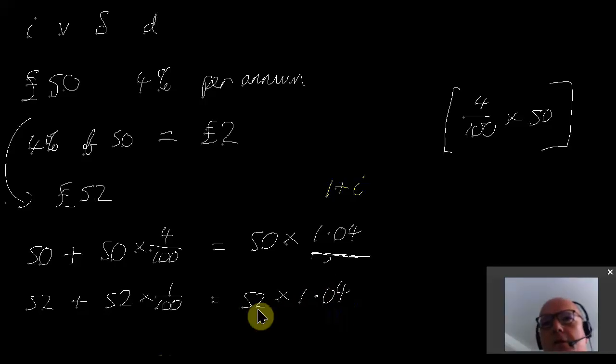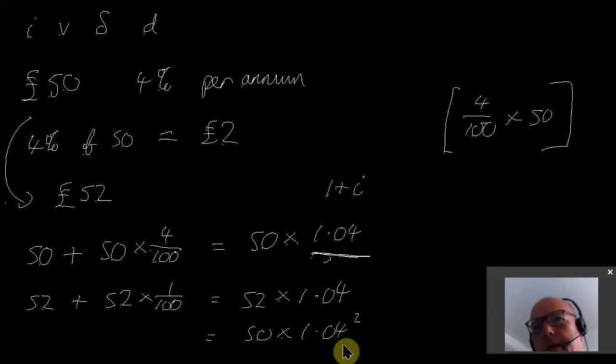Well, 52 is 50 times 1.04, so that is also equal to 50 times 1.04 squared, which happens to be 54.08.